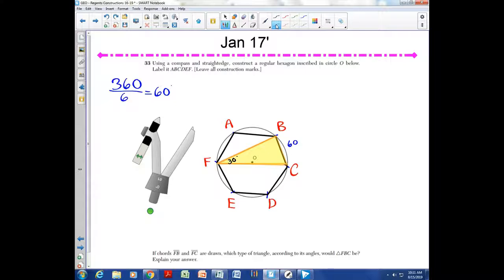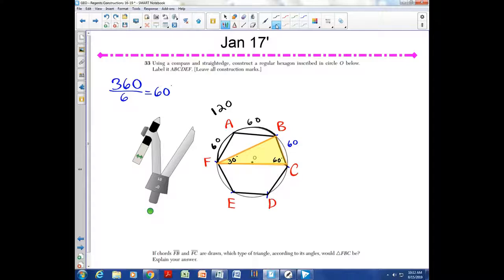Now, if we go over here to angle FCB, that is going to be an inscribed angle to this whole entire arc over here, which is 60 plus 60, which is 120. And half of 120 is 60 degrees.